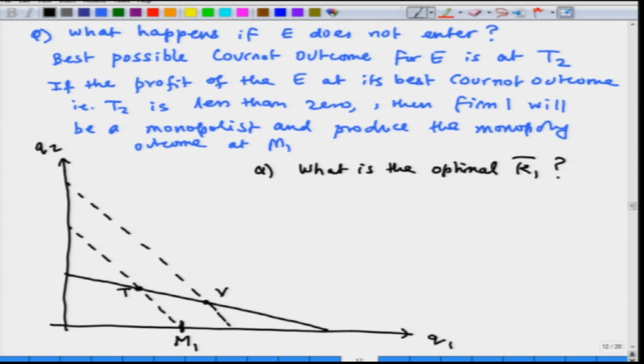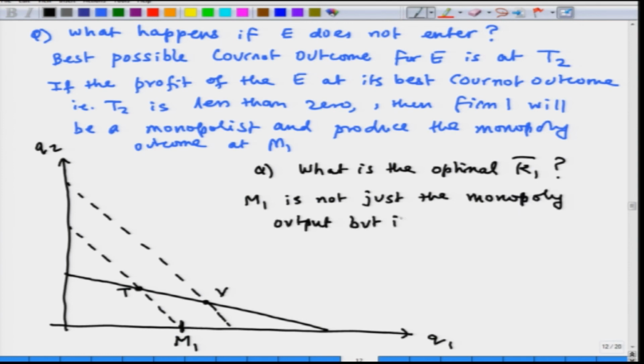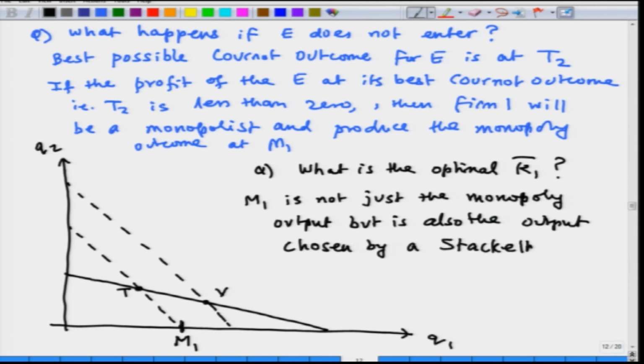Okay. So, the other point that is important to note is that M1 is not just the monopoly output, but is also the output chosen by a Stackelberg leader. And notice firm 1 is the leader in this model, firm 1 moves first.